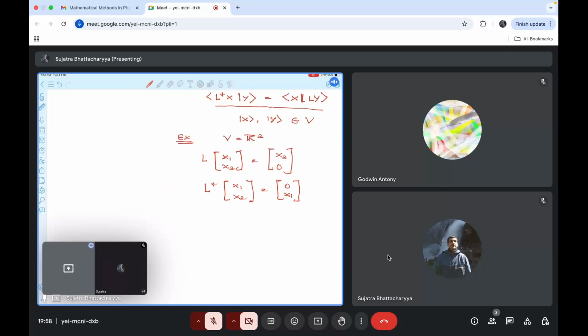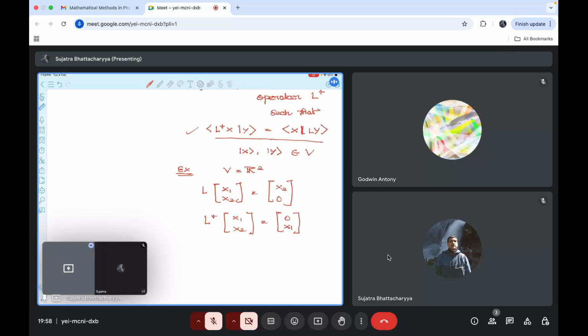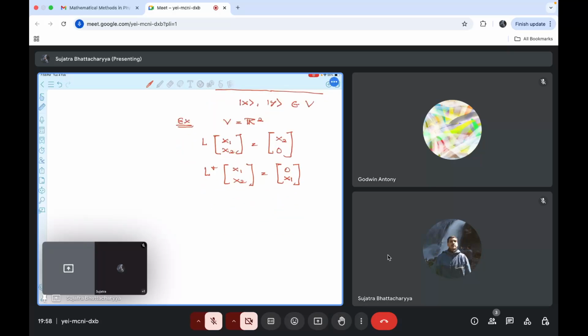Now, in bra-ket kind of notation, it will be (x1, x2) transpose, and L of y, that is (y1, y2), which will be (y2, 0). Just put y in here instead of x.